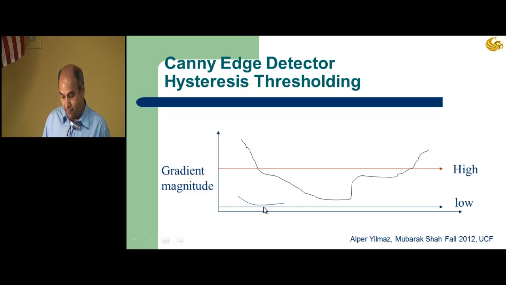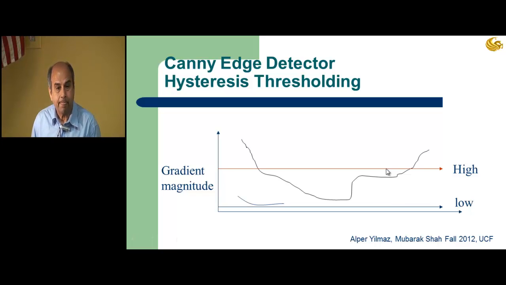Now when I say if it is above the low threshold but it's connected, so this is all above the low threshold, as you see here. It's connected to the pixel which is above high. These are all connected, see? So therefore I'll take all of these. That's the idea.